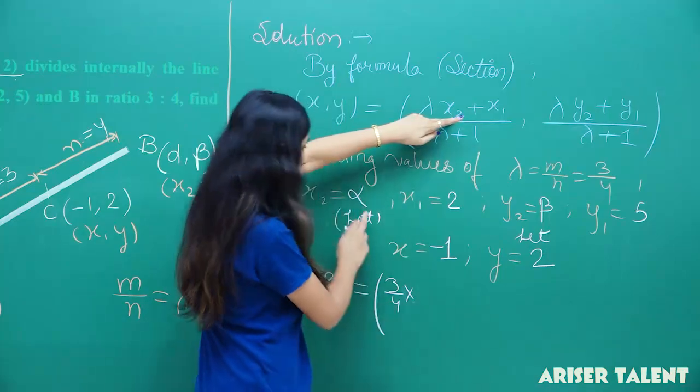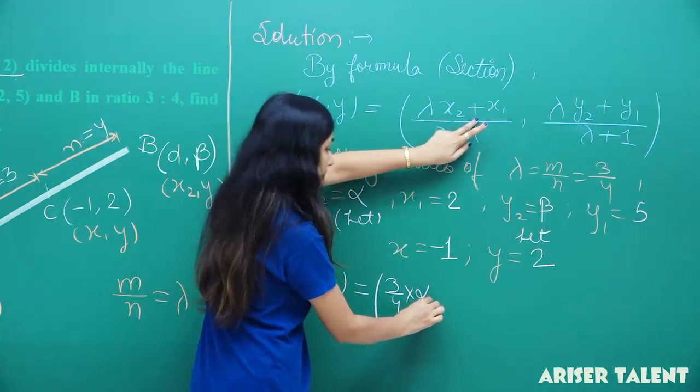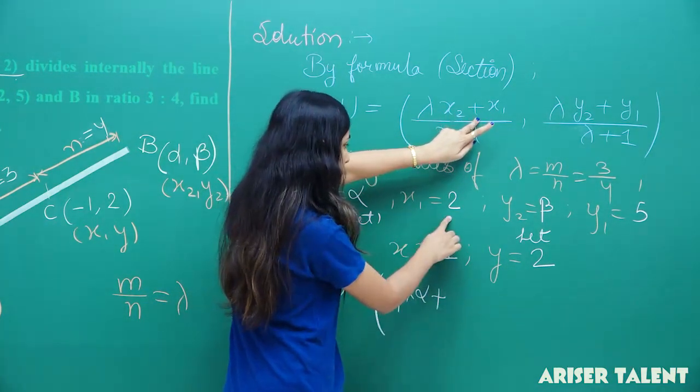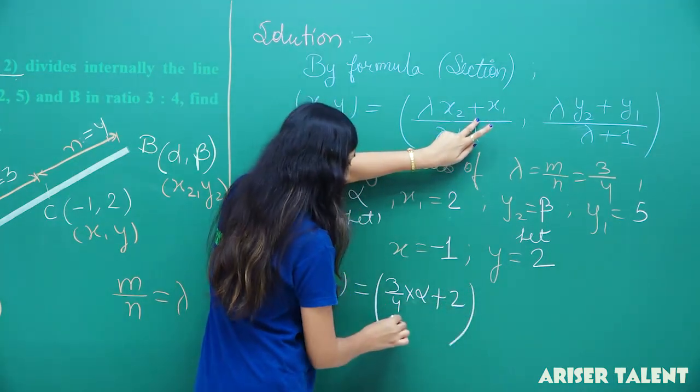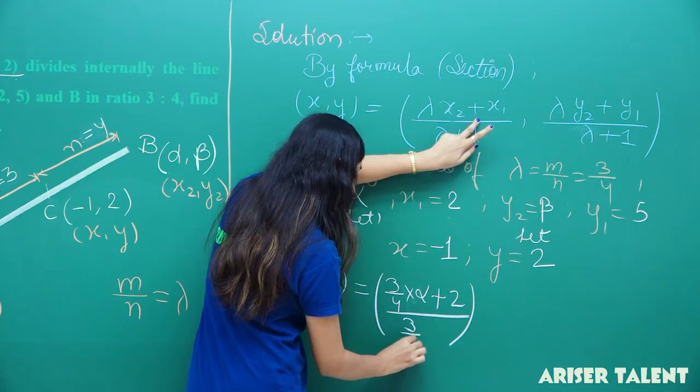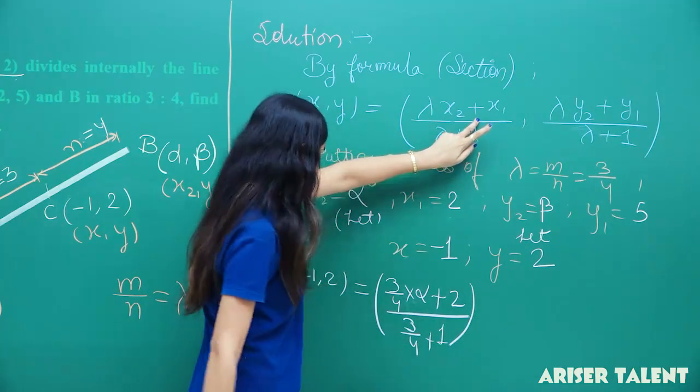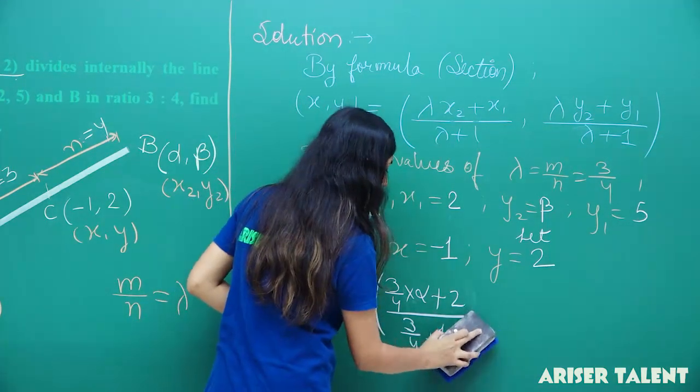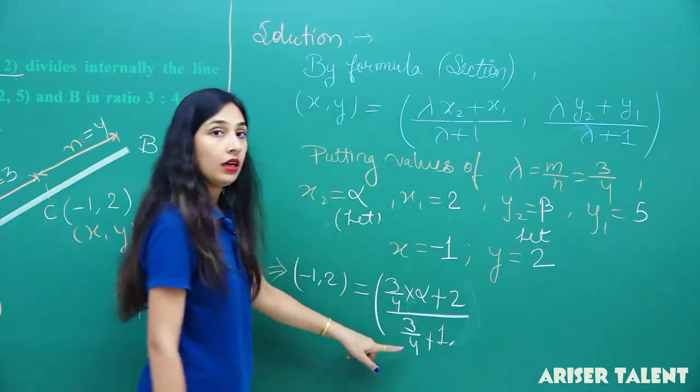Now x2 is alpha. So alpha plus x1, now what is x1? 2, by lambda plus 1, right? So this is about the x.